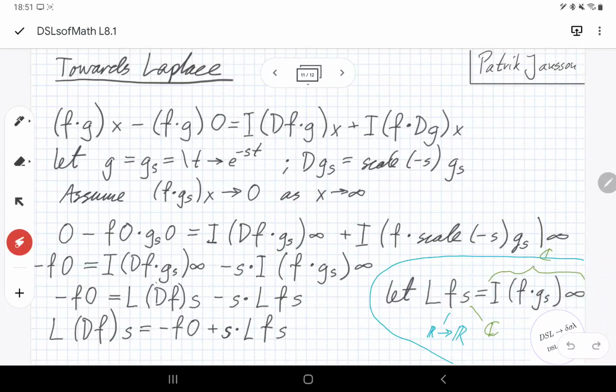And that means that the type of L, let's try to fit that in as well, is that L takes a function from R to R and returns a function from C to C. You see here, L of f is a function which takes s to this one.